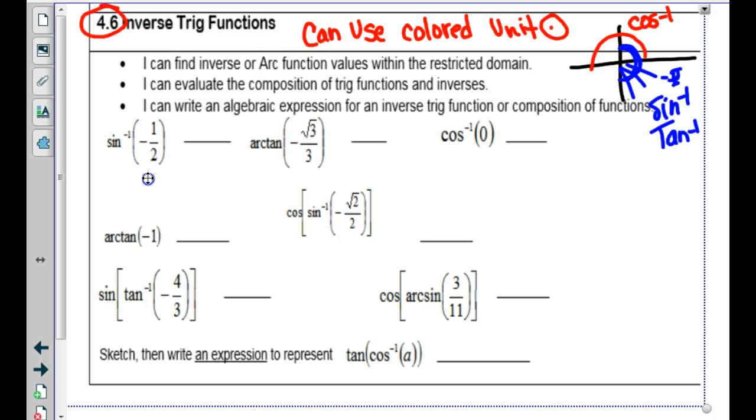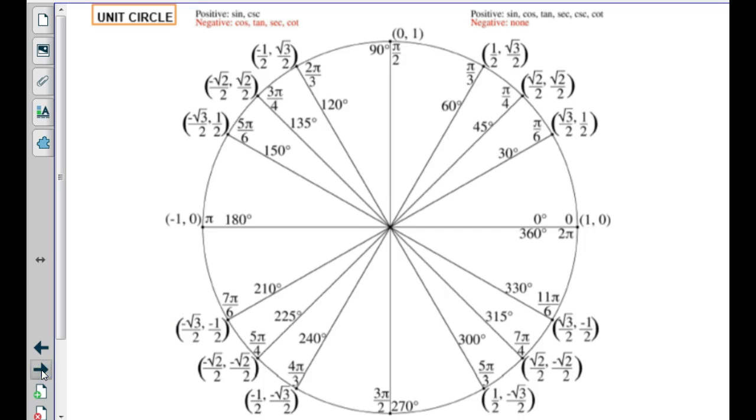All right. So this question is asking, where is the sine negative 1/2? Let me see if I have a slide I can stick in here, or is there already one? Oh, there is one, kind of. Okay. So it was sine of negative 1/2? Yes? But we don't have that one.